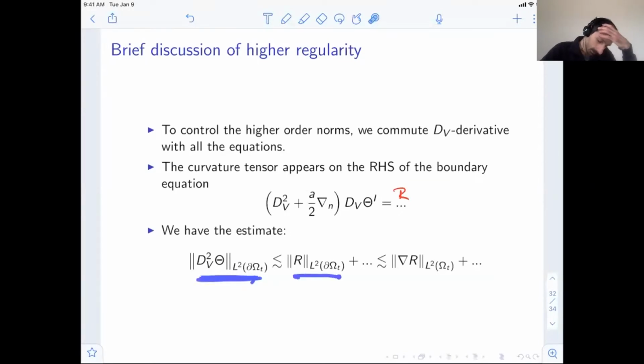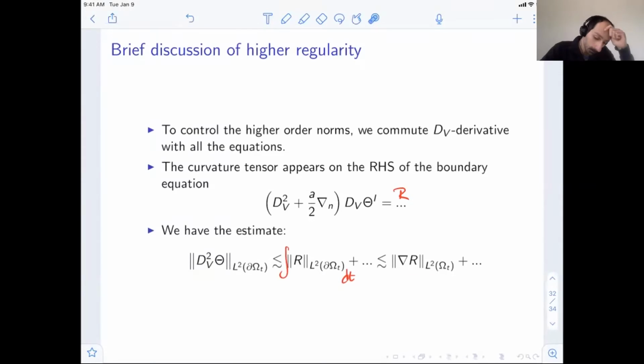There's also a time integration here. But anyway, I will face the curvature in L2. Let's say I use just a very rough trace estimate. I go to the derivative of the curvature inside.